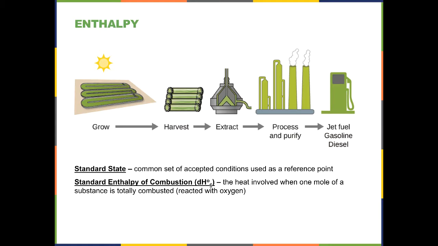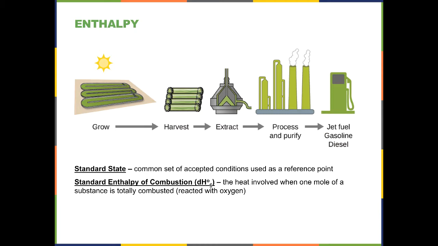So in the area of enthalpy, there's something known as the standard enthalpy of combustion. That standard enthalpy of combustion is the heat that is either produced or absorbed when 1 mole of a substance is completely combusted with oxygen. Now, generally, when we talk about combustion, we're talking about heat that's produced.